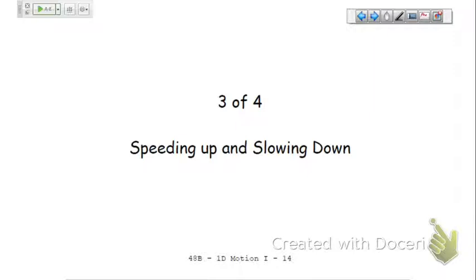Let's say I throw a ball in the air. So let's say I throw it up. At time t equals 0, I throw it upwards with a speed of 30 meters per second. So it's going upwards at 30 meters per second. I know my acceleration due to gravity is equal to minus 10 meters per second squared.